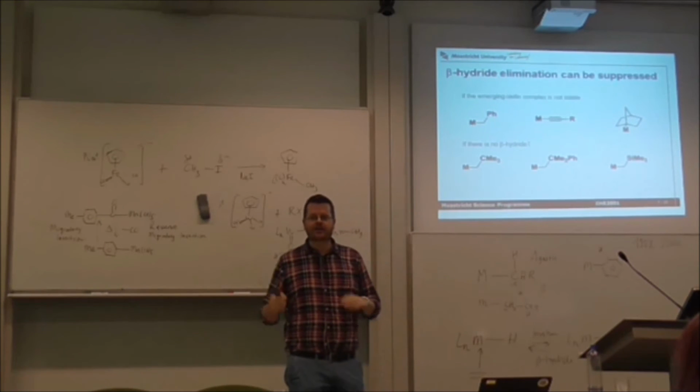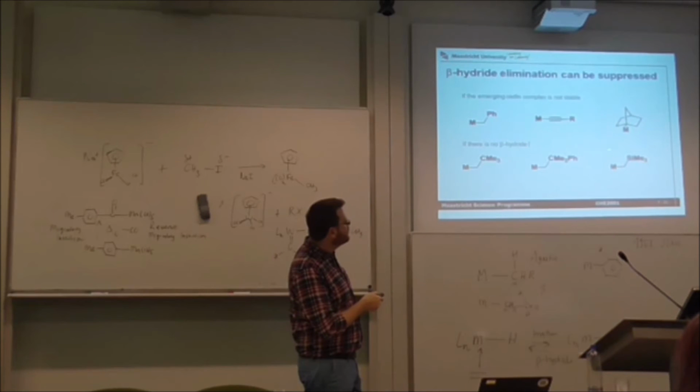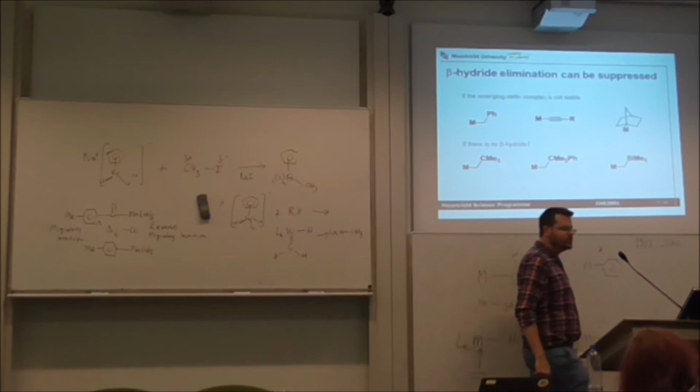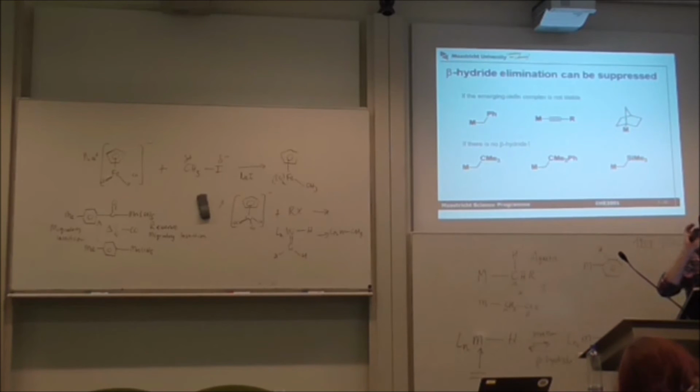You can maybe do that as a homework exercise. Think about forcing this thing to undergo beta H elimination. You're going to get something very constrained that's not stable, so it resists the temptation to do beta H elimination. Here we have CMe3, no beta H's, no beta H's, no beta H's. There we go, problem solved.